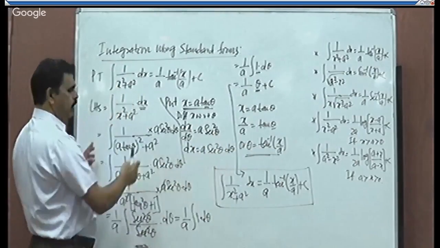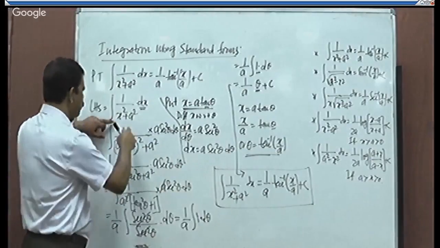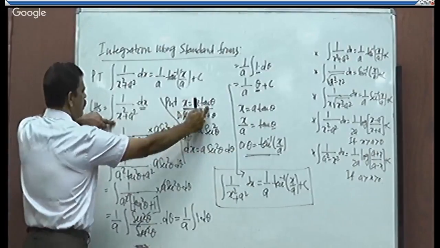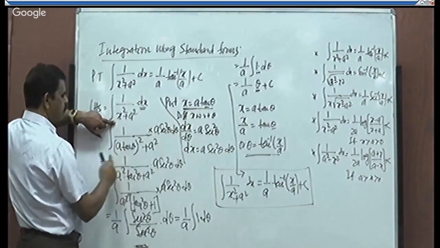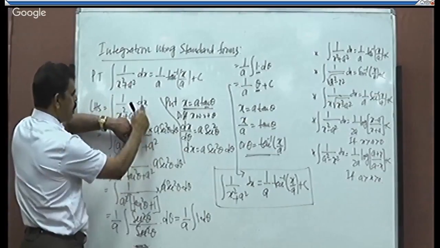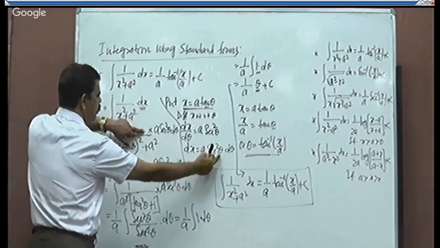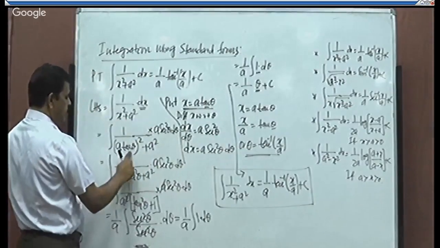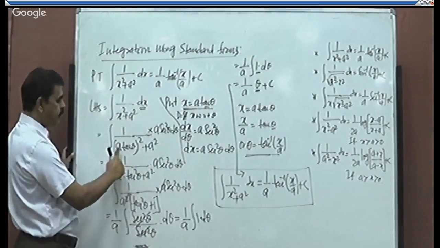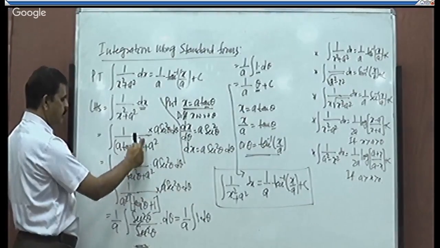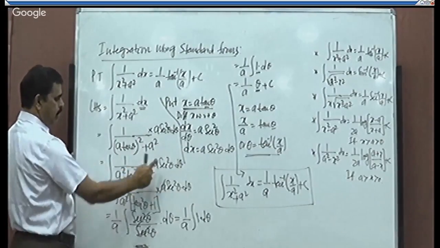I am replacing everything in the problem. 1 by x means what? x means a tan theta whole square plus a square into dx. Dx means a secant square theta d theta, right? According to the laws of indices, a tan theta whole square means a square tan square theta.